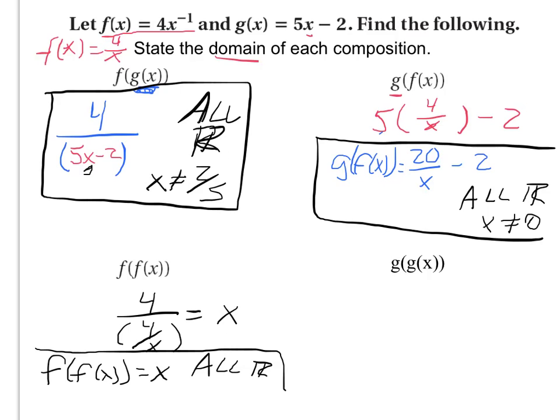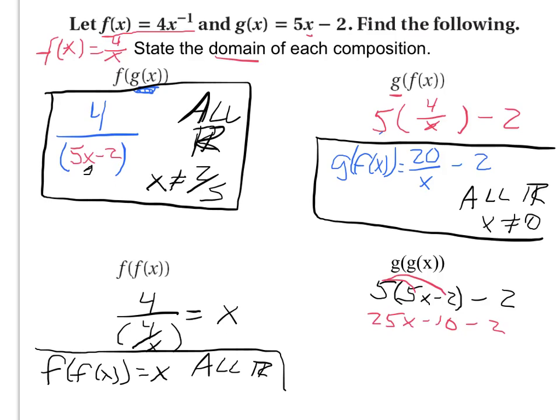This next one, g of g of x. I can rewrite g of x, but where there is an x, I'm going to leave a big blank set of parentheses, and I'm going to fill it with g again. So 5 times 5x minus 2, minus 2. Now I can simplify that down a little bit. I can distribute, so 25x minus 10 minus 2. So here is where the 25x came from.